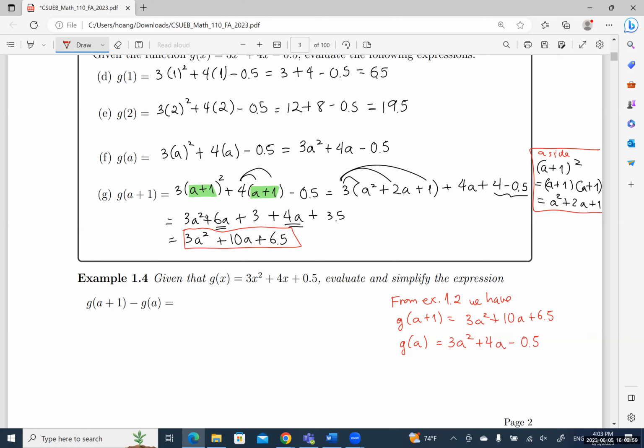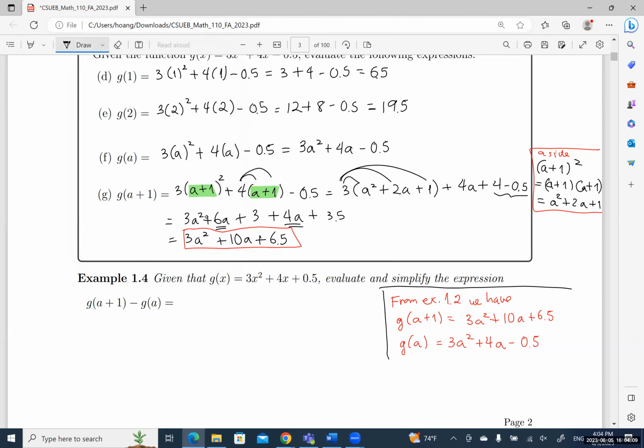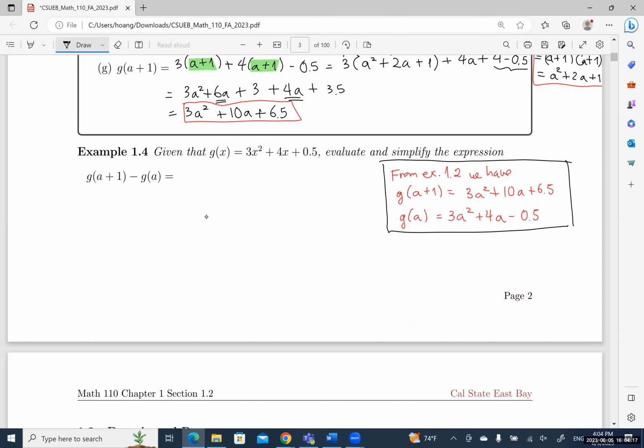Right. So now I'm going to substitute. Let's box this one aside first. I will have g of A plus 1, I write down 3A squared plus 10A plus 6.5. Since this is a whole group, I must have a parenthesis for this when I substitute it.